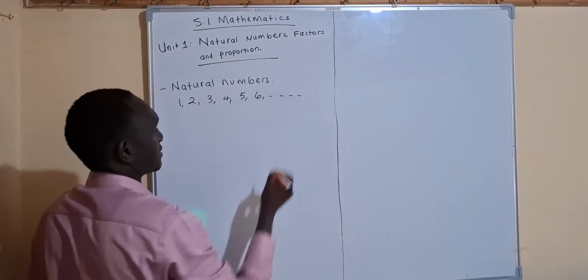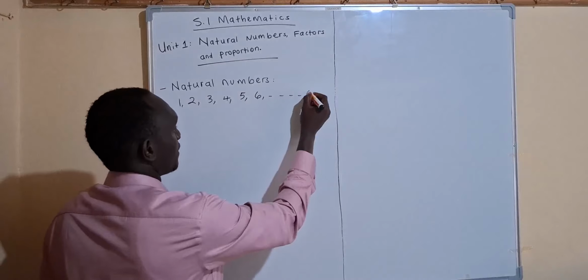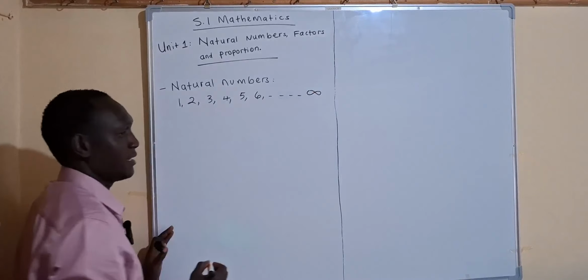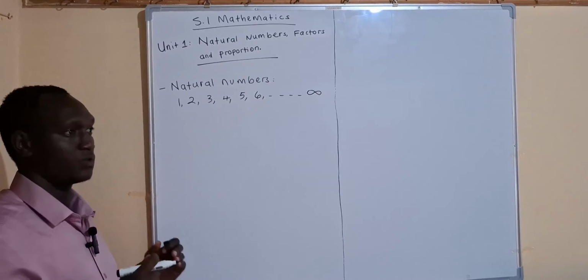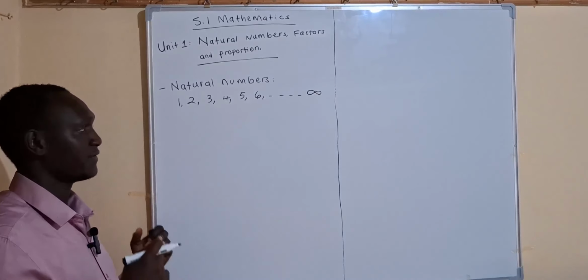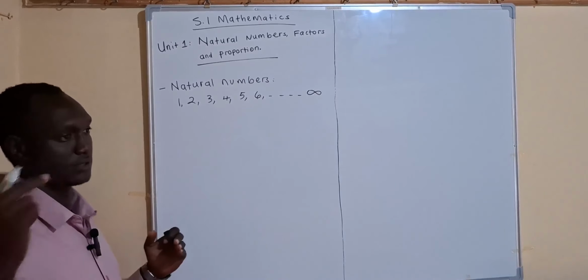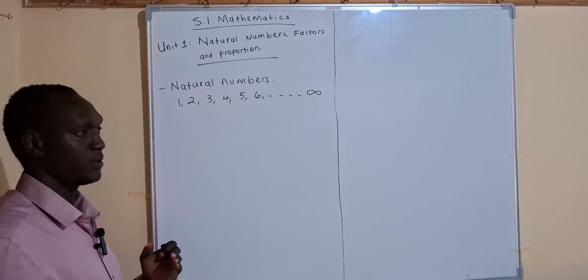It continues up to infinity. These are natural numbers. They start from 1, 2, 3, 4, 5, 6, and it continues up to infinity.